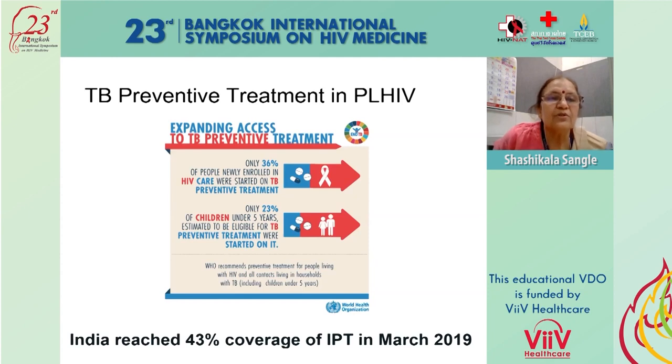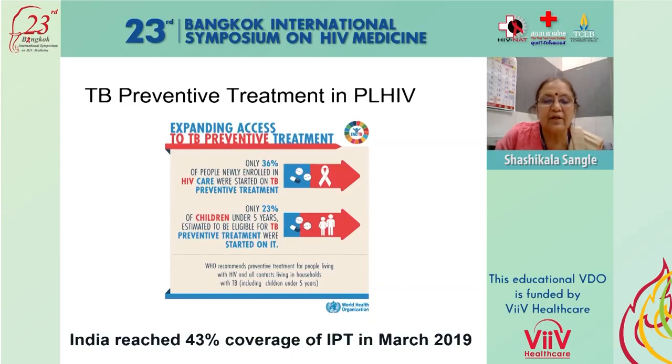Now, tuberculosis preventive treatment forms a very important point in the integration for PLHIV. There are goals which are to be achieved. Only 36% of the population has achieved this goal worldwide. However, India has reached 43%.